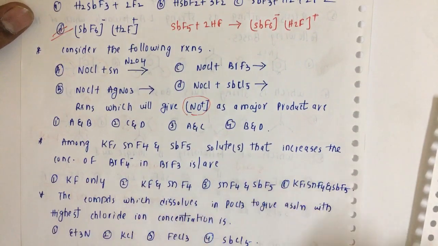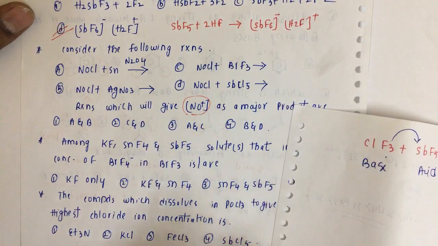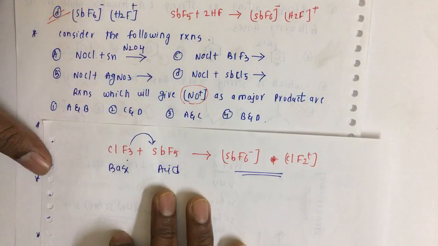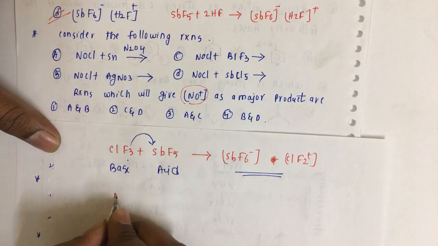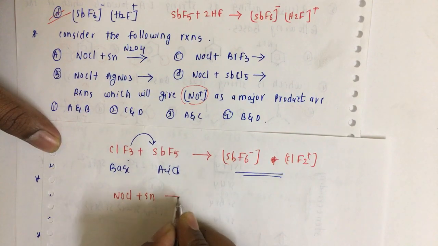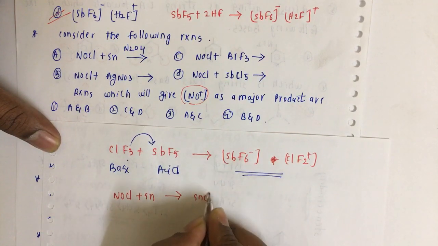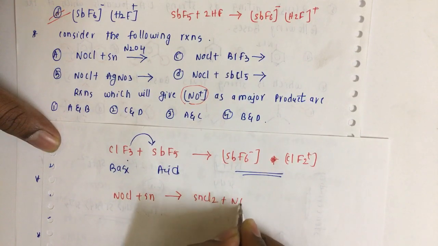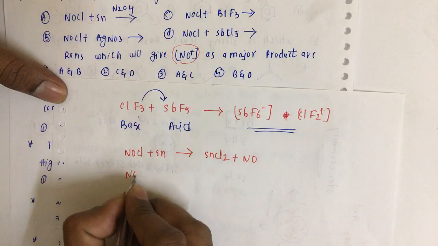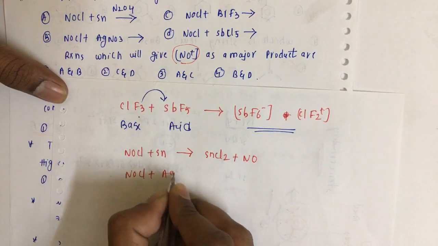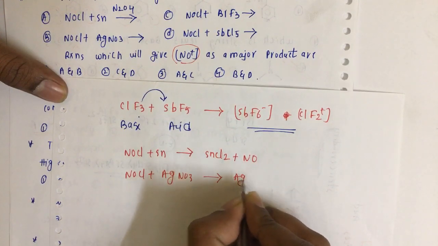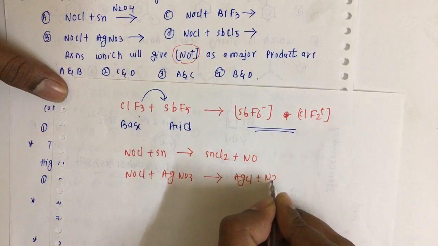in the first reaction we have NOCl plus Sn, so it leads to form SnCl2 plus NO. So this is the first reaction. In the second reaction we have NOCl plus AgNO3 which forms AgCl plus N2O4.